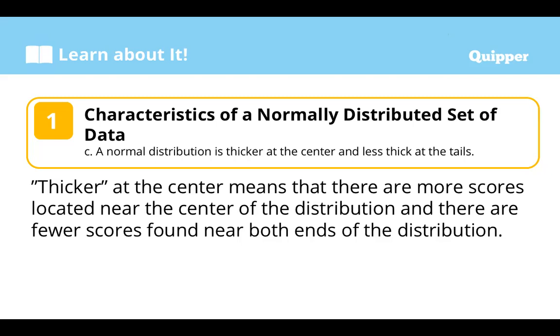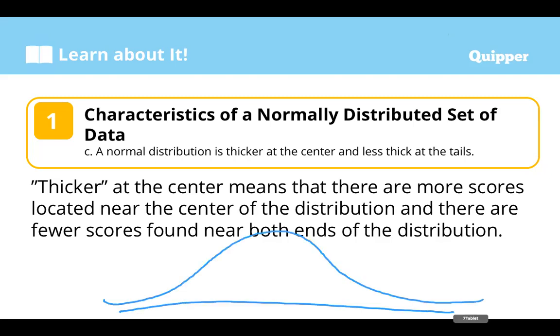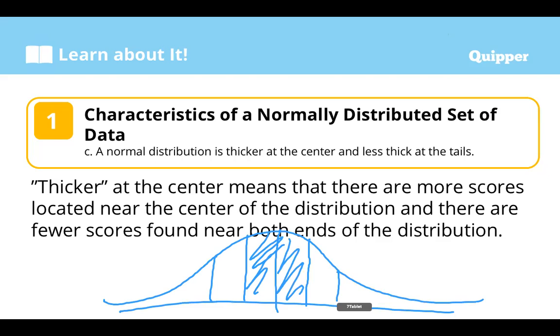As you can see here in our normal distribution, this part is thicker than these two up to the tails. So the widest part is what is thicker, correct?